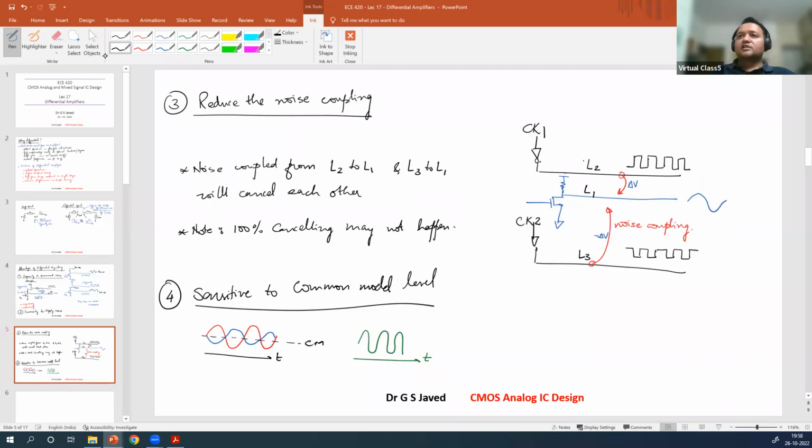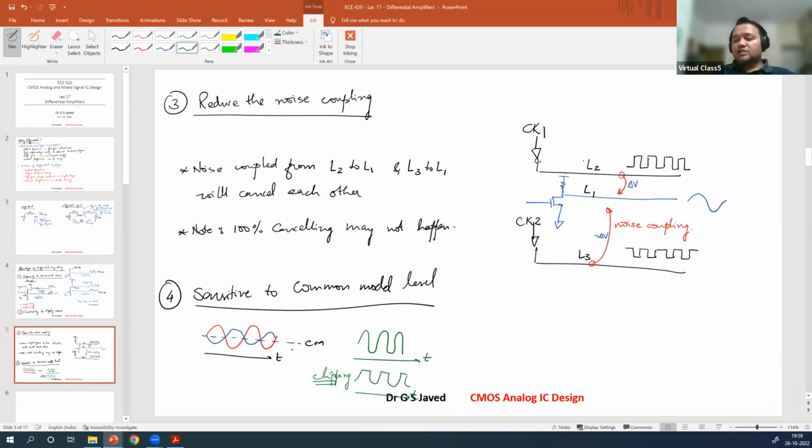If the common mode level shifts upwards, the same graph will now start looking like this. This is called clipping. So the signal will start clipping and you will see saturation in the signal. You will not be able to understand what is happening.